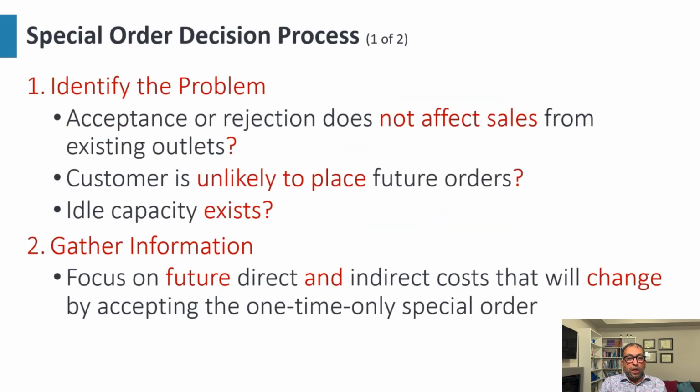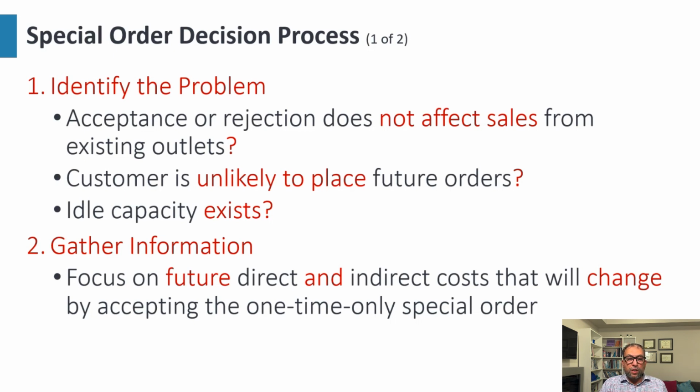Now, how do we make a special order decision? If we receive a special order, a one-time order, how can we make that decision, whether we accept or reject? That is not going to affect our overall normal sales, not affect sales from existing outlets.